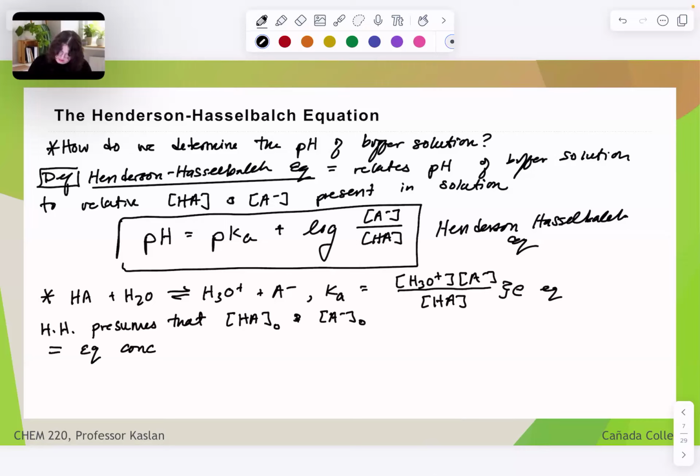This allows us to say that Ka would be equal to concentration H3O plus, concentration A minus initial over concentration HA initial. And if I take the negative log of this equation, like why not? So I'll have the negative log of both sides.